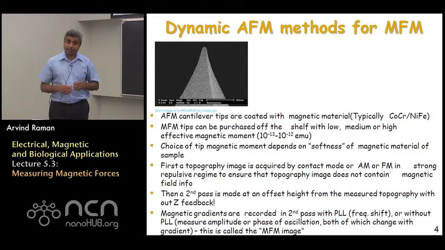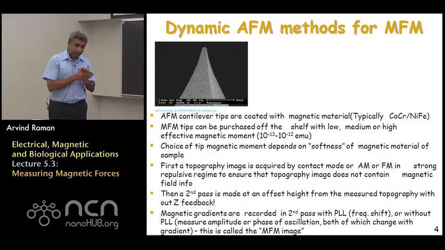You can purchase these MFM tips from many vendors off the shelf, and you can get them with different amounts of permanent magnetic moment associated with each tip. So you can get them in low, medium, or high values of magnetic moment or coercivity of the tip.